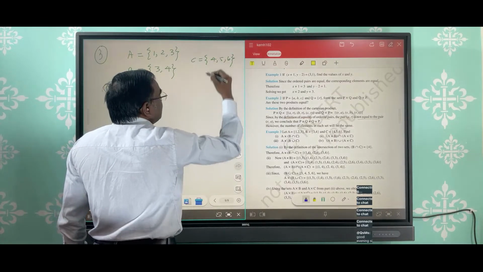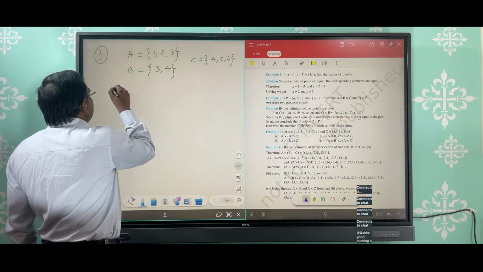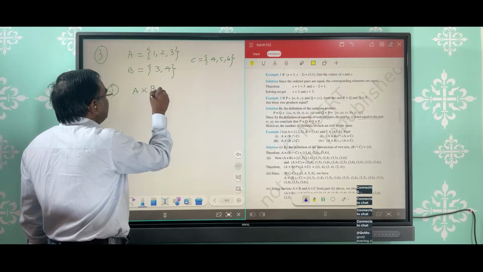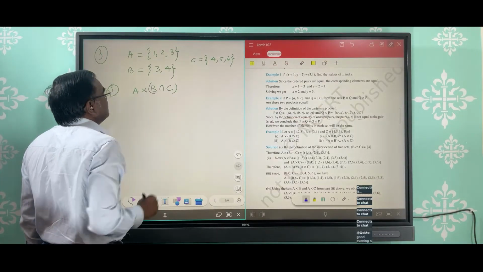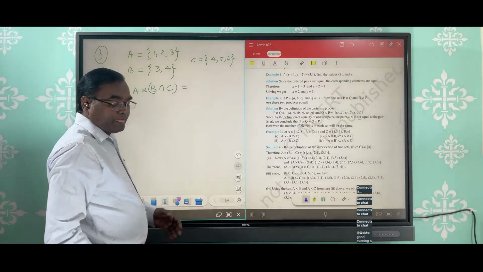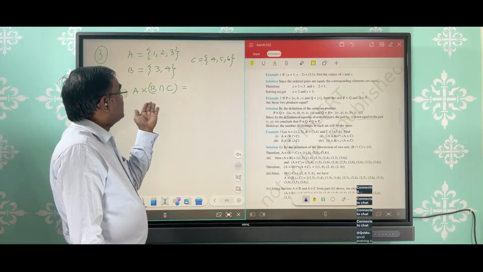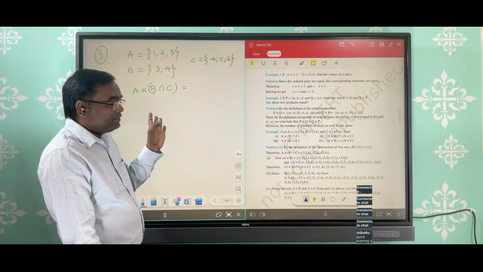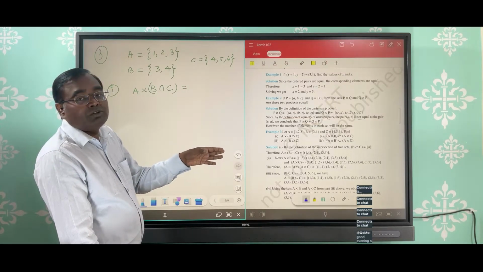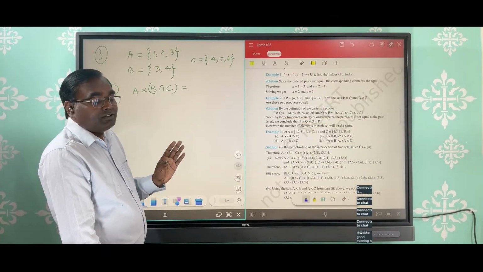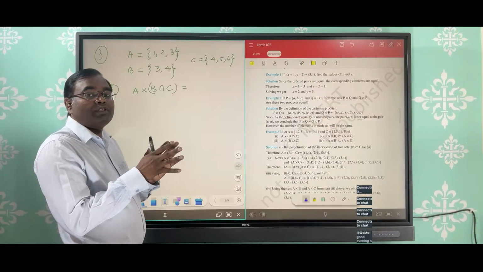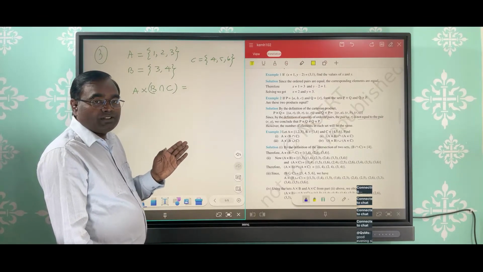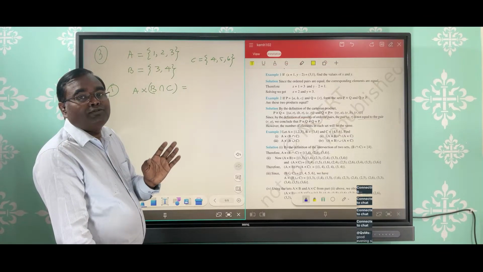So it is asking to find the value of A cross B intersection C. See, we have already discussed these properties in the previous chapter. Now it is coming into this chapter. That means these chapters are interlinked. So the knowledge of the previous chapter is going to be helpful in the coming chapters.